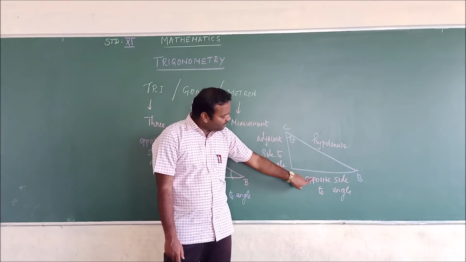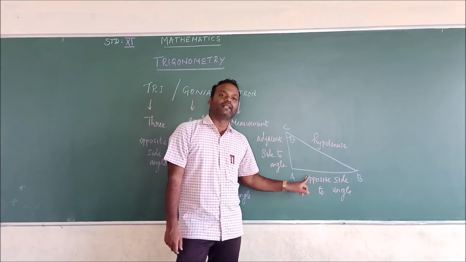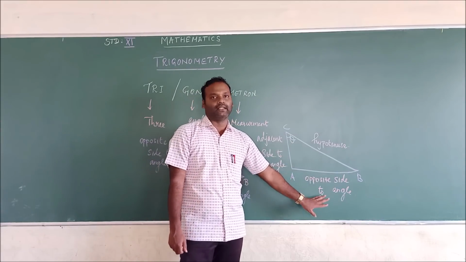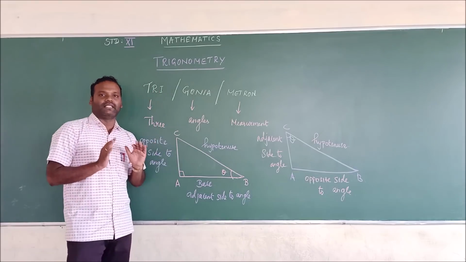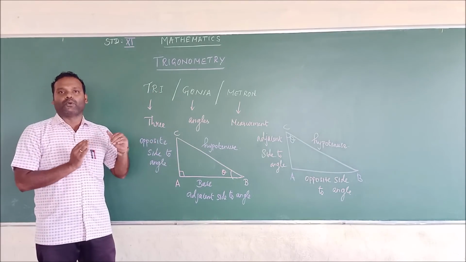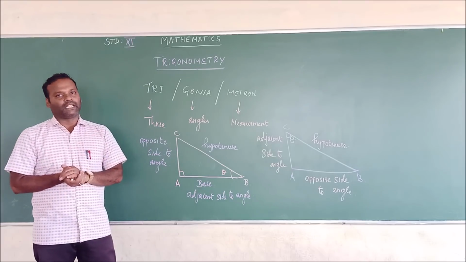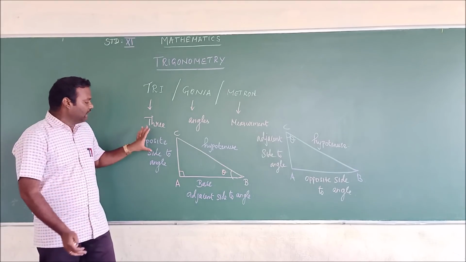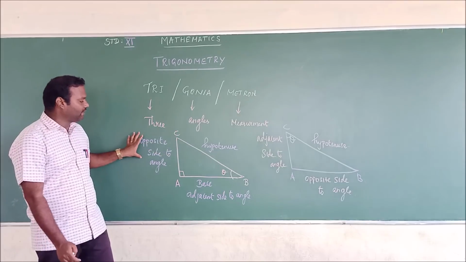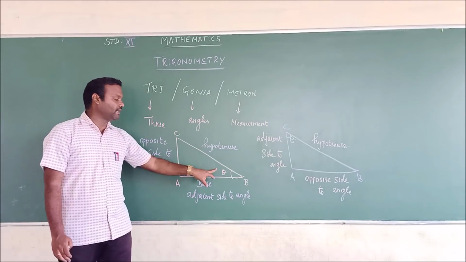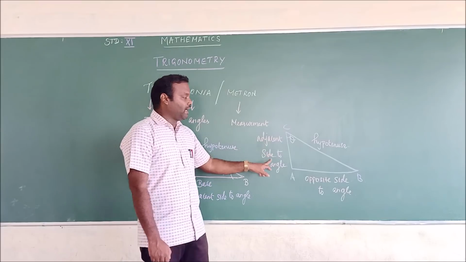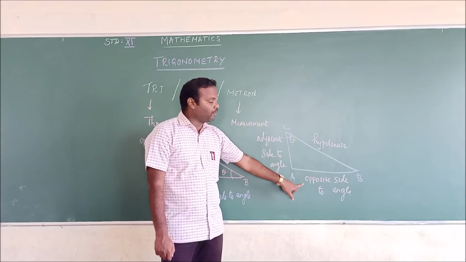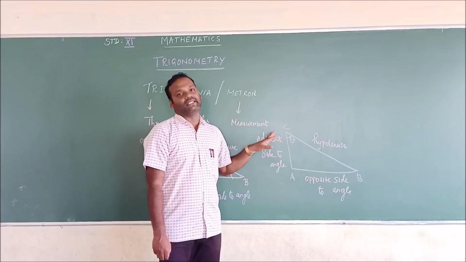And the side which is opposite to the angle is known as the opposite side. This is the first thing you should know about fixing the sides. When you compare these two triangles, this side is opposite because we are fixing the angle like this.